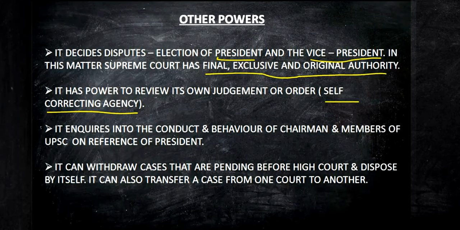Earlier in the 1970s, when the issue of right to privacy came, that whether right to privacy is a part of fundamental rights or not, the Supreme Court said that no, right to privacy is in no way a part of fundamental rights. But now in 2007, the Supreme Court is saying that right to privacy is an integral part of fundamental rights. That means the Supreme Court has corrected its judgment.